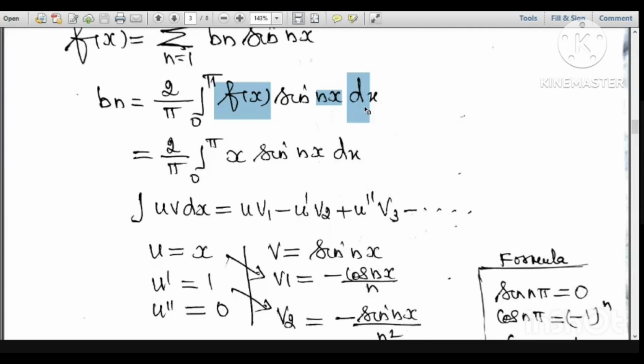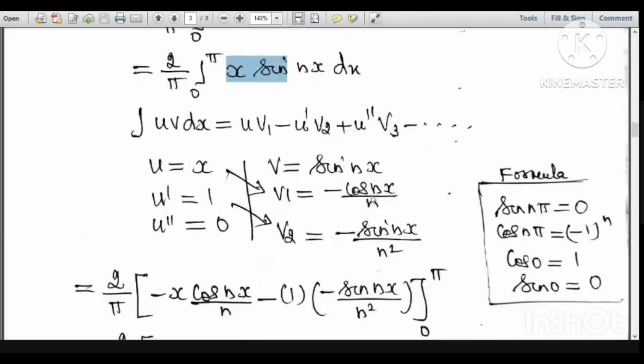If there is only one term, we know how to find the integration, for x dx we get x square by 2. But here there are two terms, x into sin nx, so we have to use Bernoulli's formula to solve this type of problem.